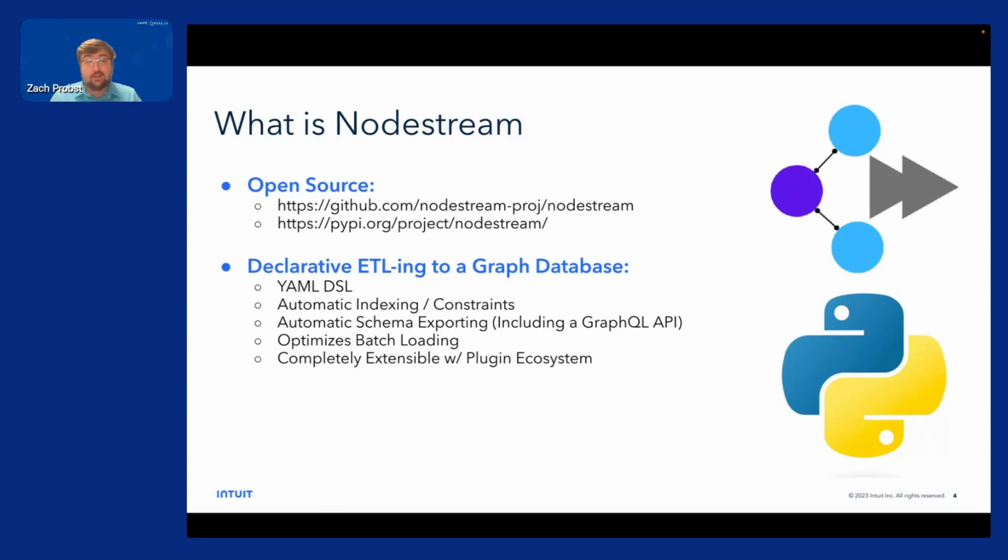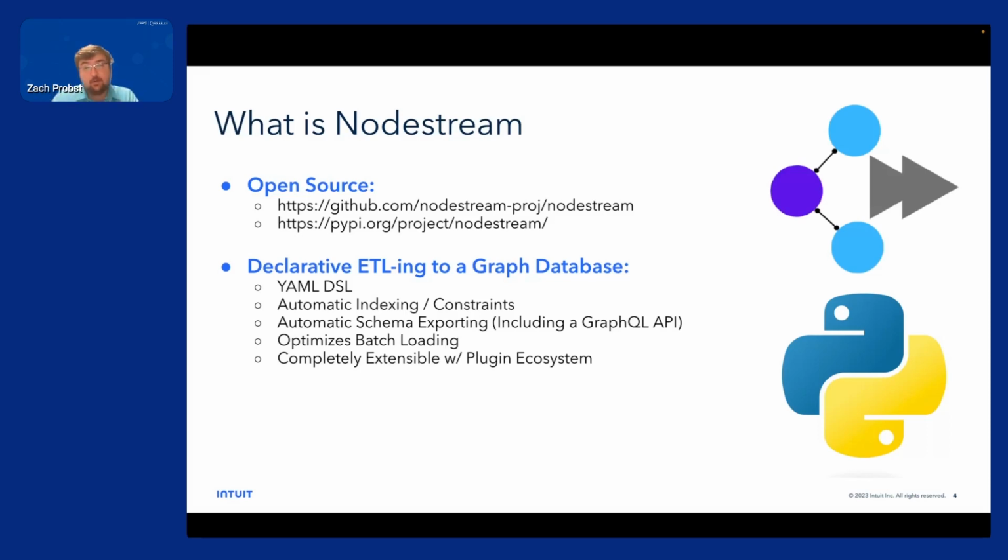It'll automatically export a GraphQL schema for you. We'll show that at the end. It has all kinds of optimizations baked in. It's really designed to do things as efficiently as possible. And then since we've open sourced it, we've also been adding a plugin ecosystem around it that do handy things for you, like sourcing .env files and adding extra controls. If we have some time, we'll show you some of that at the end.